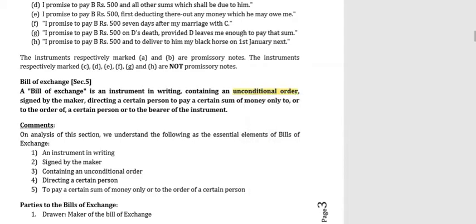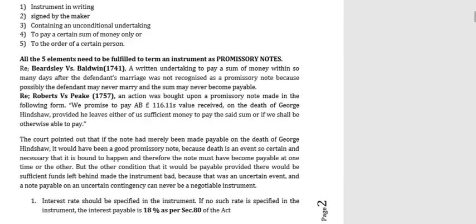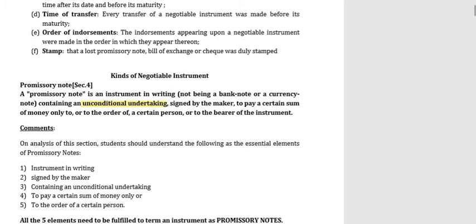It is an unconditional order. So, promissory note is an unconditional undertaking. It is an instrument in writing containing an unconditional undertaking by one person to pay a certain sum of money to a specified person. So, I am paying a certain sum of money to a specified person. Then it would be termed as a promissory note.